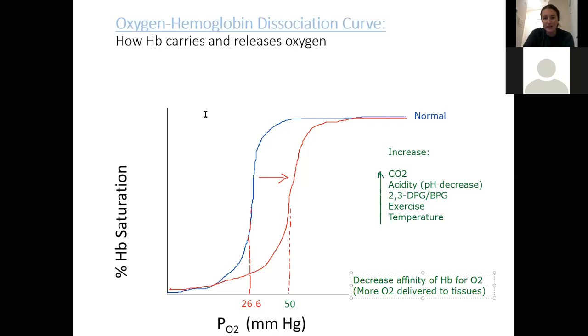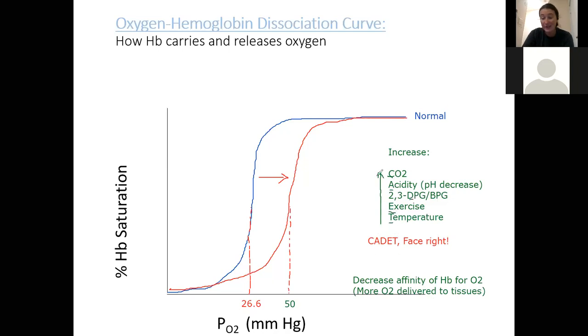And so I list these things out in this way because there's a little device that we can use to memorize this, and that is CADET face. So we have C A D E T, CADET face.